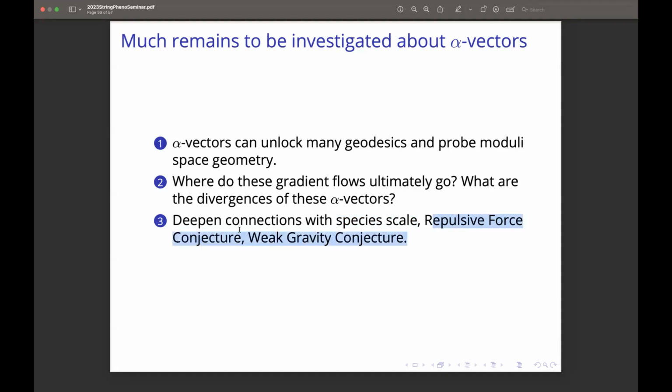They also appear explicitly in the long-range force formulas in the repulsive force conjecture. And it also seems that the weak gravity conjecture is a necessary condition for the scalar weak gravity conjecture to be preserved under dimensional reduction. So these alpha vectors play a big role in connecting moduli space geometry with particle spectra, and they also appear a lot in objects of swampland interest.